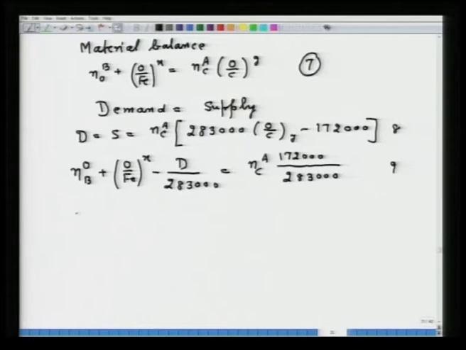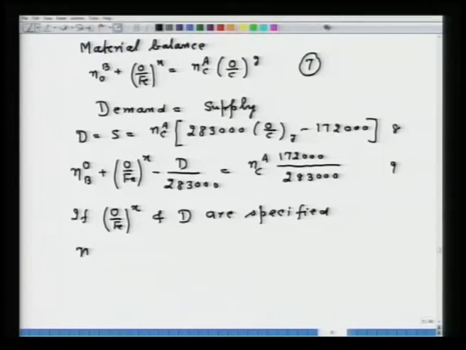Now, if O by FeX and D are specified, that means for a given situation O by FeX and demand are specified, then equation 9, which is our model equation representing combined material and heat balance, requires the specification of NOB and NCA.